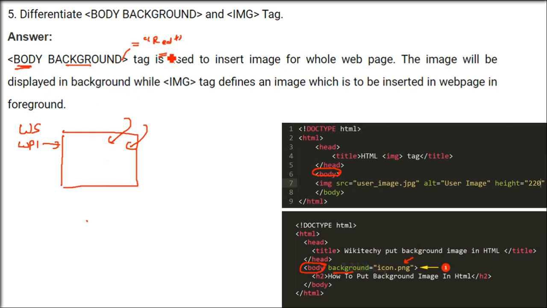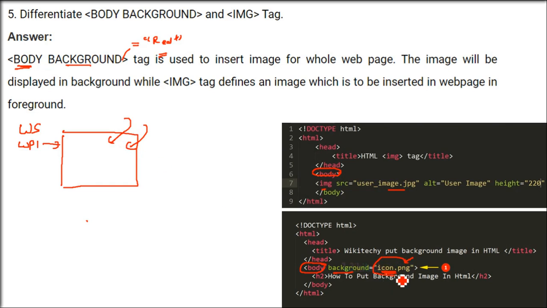So now you can give the color also, it depends on you, and you can also give the image. So color or image, both you can give here. This is the basic difference between body background and image.